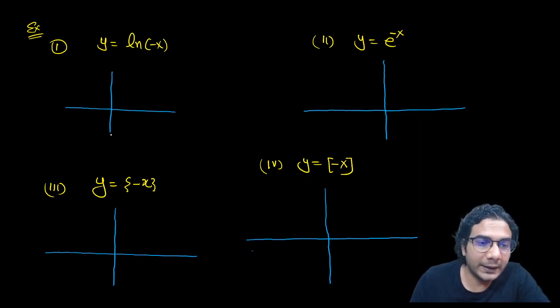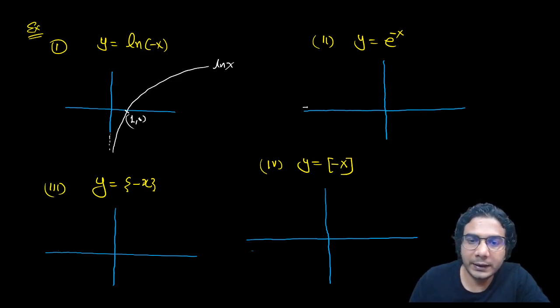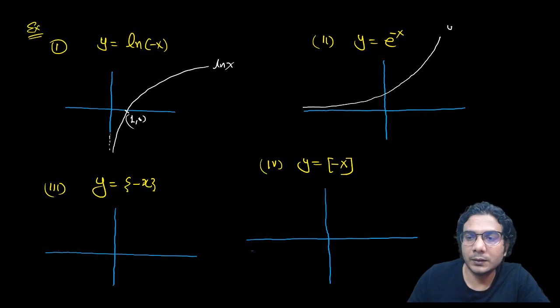So this is ln x, we have already plotted it. This point is 1, 0. This is e raised to x, y is equal to e raised to x, all right?